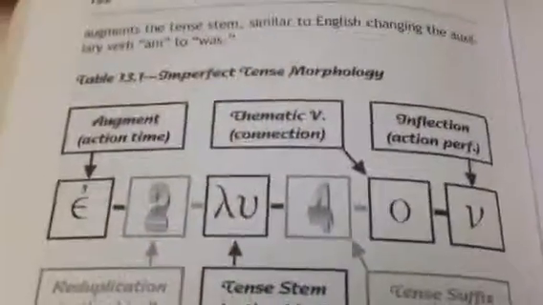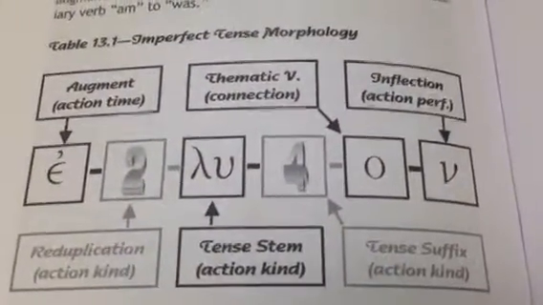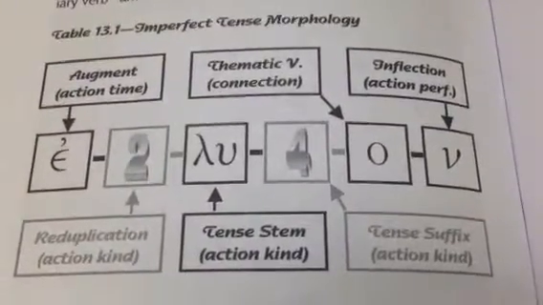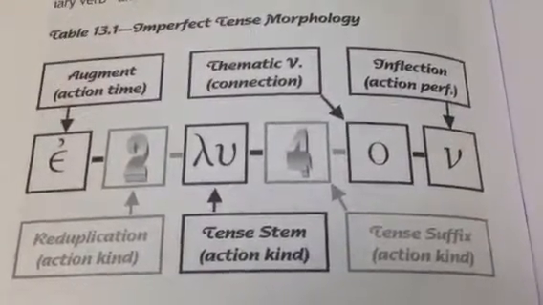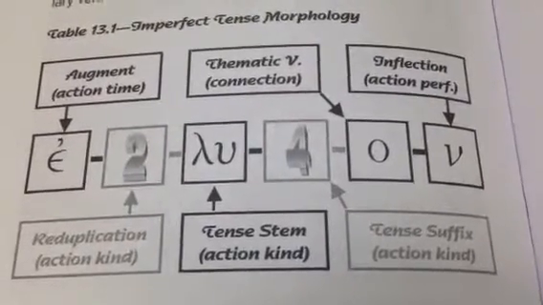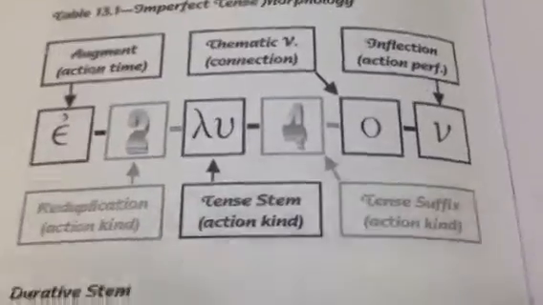So when we go now into our new chapter, we will see that the imperfect tense morphology looks somewhat similar, with the exception that we now also have box number 1 occupied, our augment, because that's a past time indicator. And we will see that the inflection uses secondary endings.